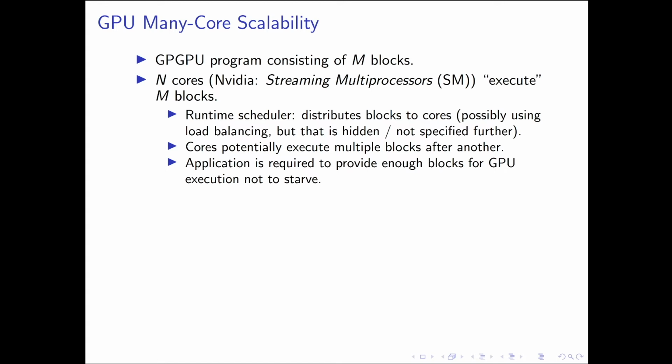But this is pretty much opaque, and we have only very little means available to influence that, and we will discuss those means in a little bit. But it's actually not documented how the runtime scheduler performs the actual load balancing and distribution of the workload to the individual compute cores.